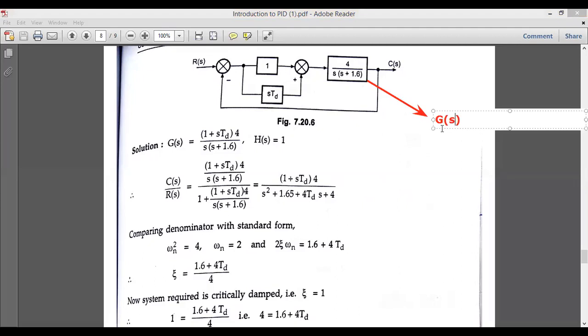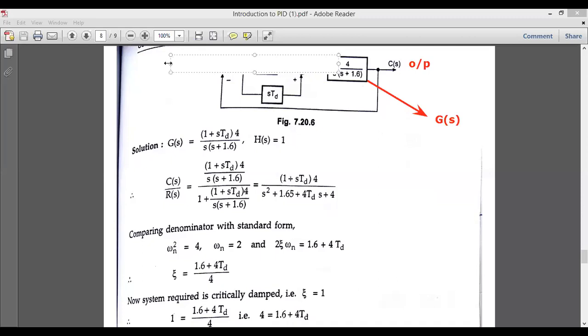This is just giving some notations. C(s) is your output and R(s) is your input side. You can label them to make the problem simpler.